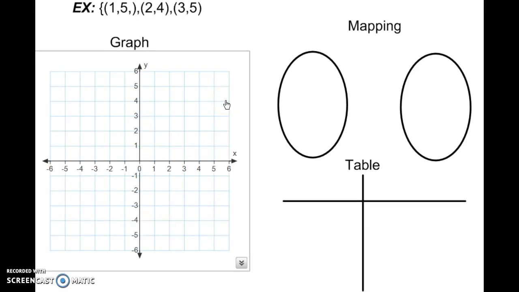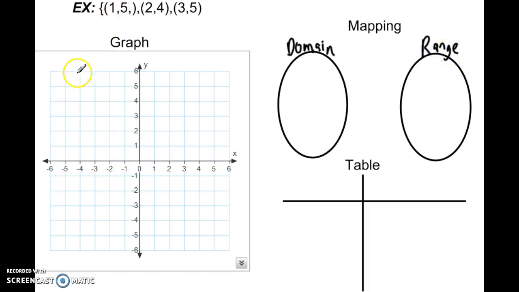First, let's talk really specifically about what these things are. When you do a mapping, the first values in the mapping are the domain, and the second values are the range.